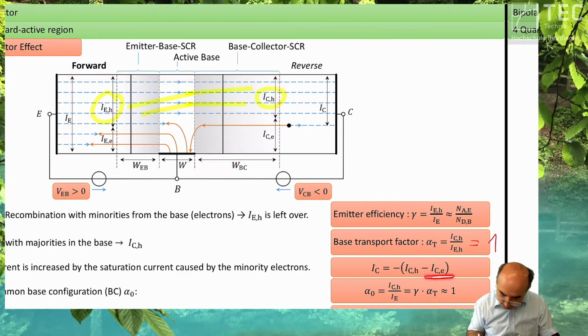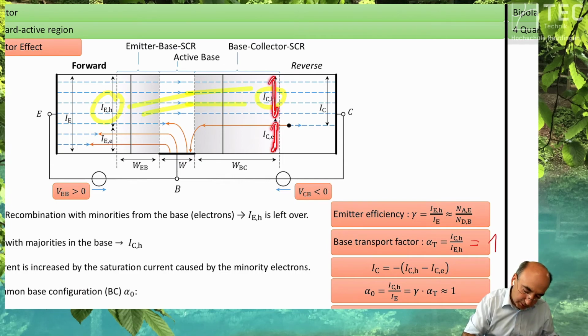And this is given here. By the flow direction definitions, you have all these minus signs. Don't be confused. It is the sum of this current and this current. That's it.